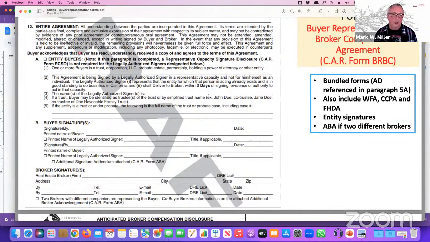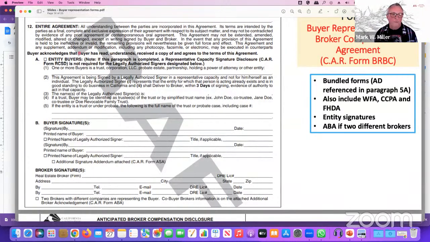And then in section 5, if the entity is a trust or under probate, the following is the full name of the trust or the probate case number. So if it was a trust, the ABC Trust of January 15th, 1999, or U.S. probate court case number, and so on.